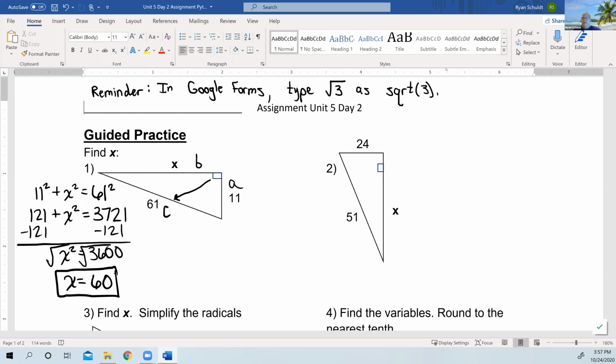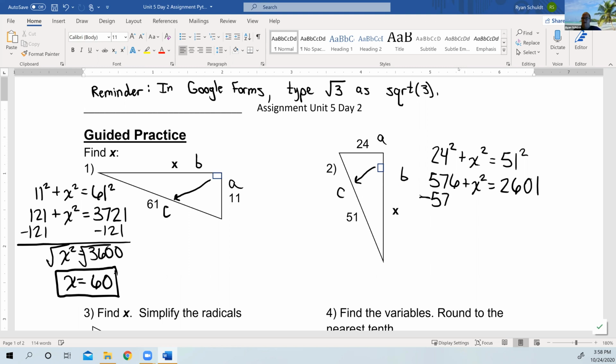So our box isn't where it needs to be, but still, that's our C. There's A, there's B. So we're going to have 24 squared plus x squared equals 51 squared. 24 squared is 576 plus x squared equals 2601.